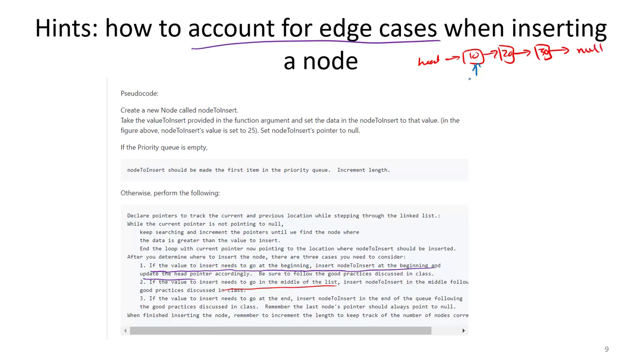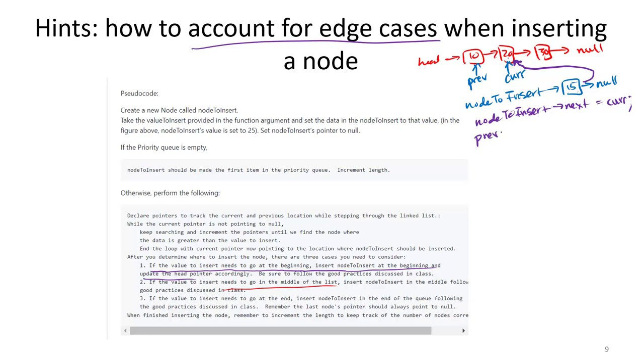For example, if we have previous and current here, and node to insert was pointing at the number 15, remember, all we would need to do is say node to insert arrow next equals cur in order to attach our new node to the existing list.